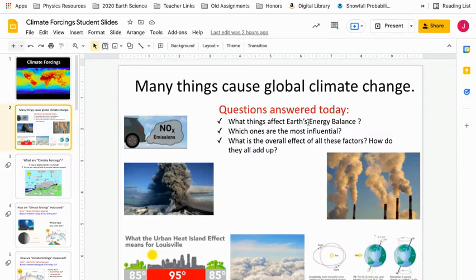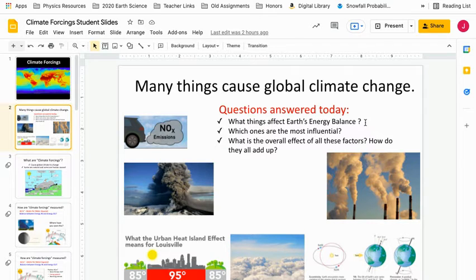So the questions that'll be answered today: what things affect Earth's energy balance? And again, the energy balance is basically the amount of energy coming to Earth is equal to the amount of energy leaving Earth. So if it weren't for that fact, then the Earth would be getting warmer or colder. If more energy was coming in than leaving, we'd be warming up. If more energy were leaving than coming in, we'd be getting colder.